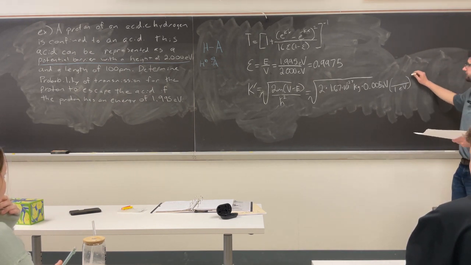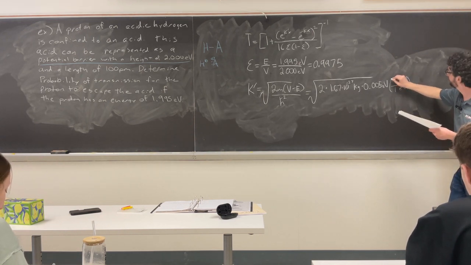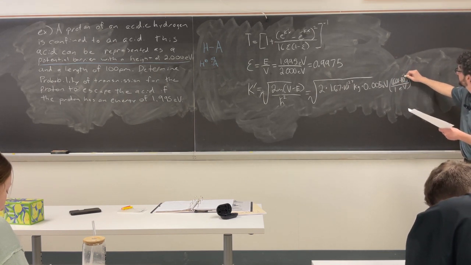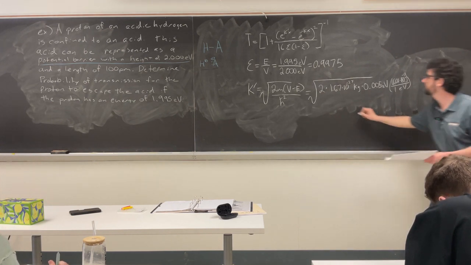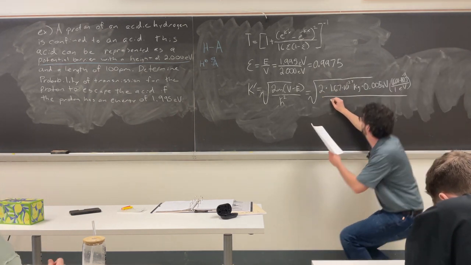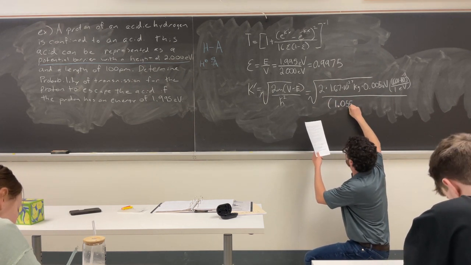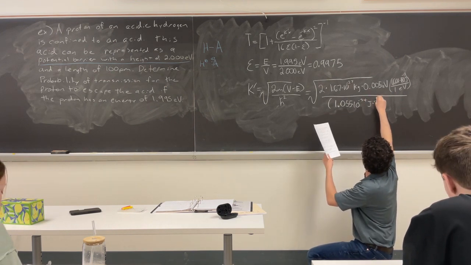Yep, it's 1.602 times 10 to the negative 19. And then we have to divide by h bar squared by 5 times joules times seconds.